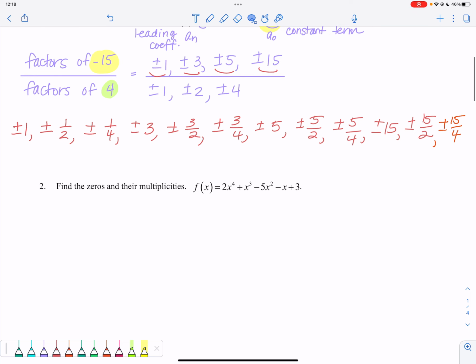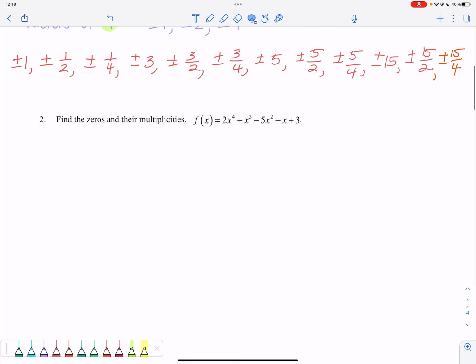Okay. Now, with this, we're going to find the zeros and the multiplicities. Now, this can be a little tricky, but what we want to do is begin with our P over Q's, okay? So, of course, we have a leading coefficient of 2, and then we have our constant term 3. So let's go ahead and have our factors of 3, and these are going to be our possible rational zeros.